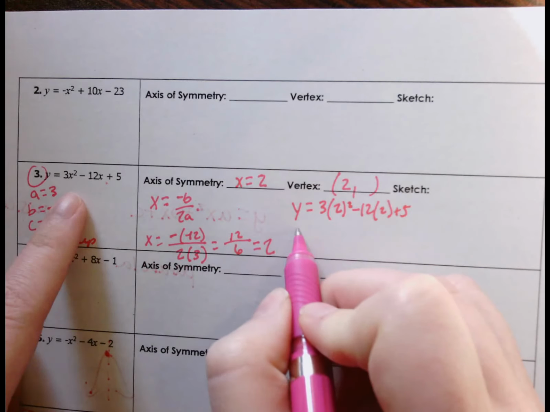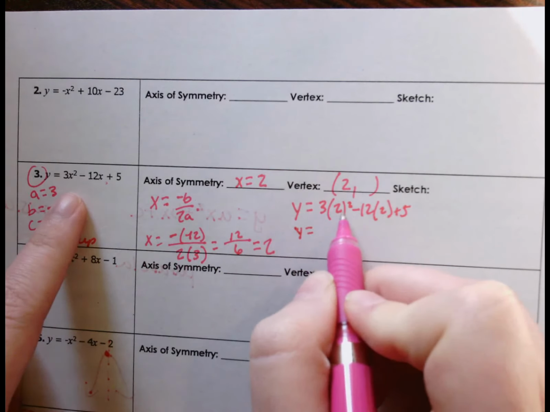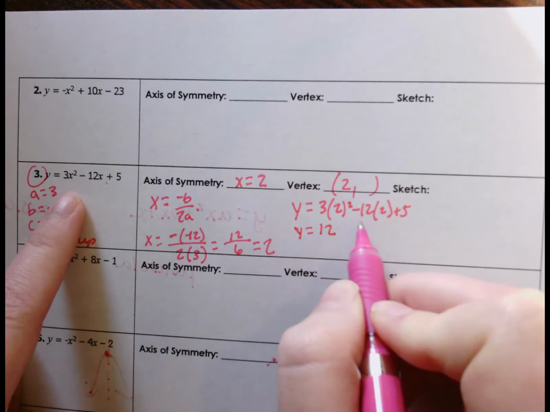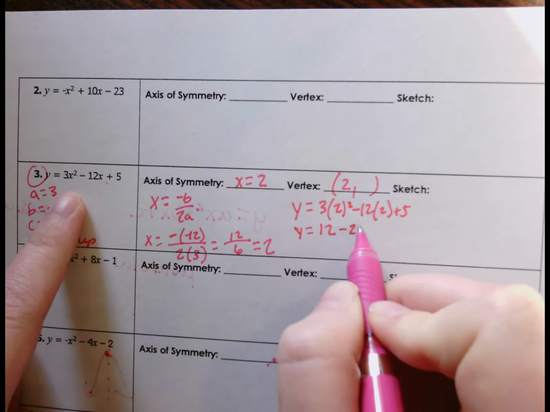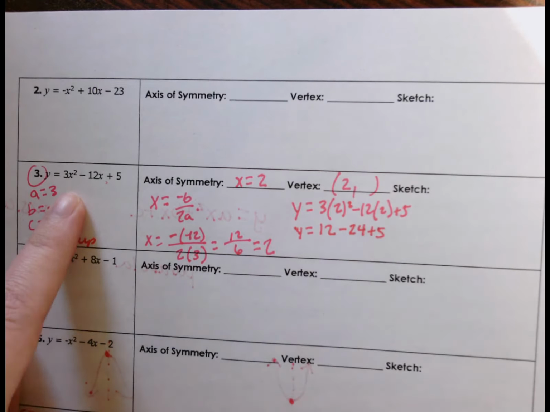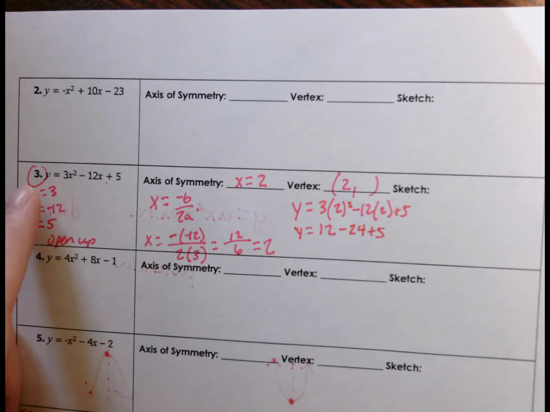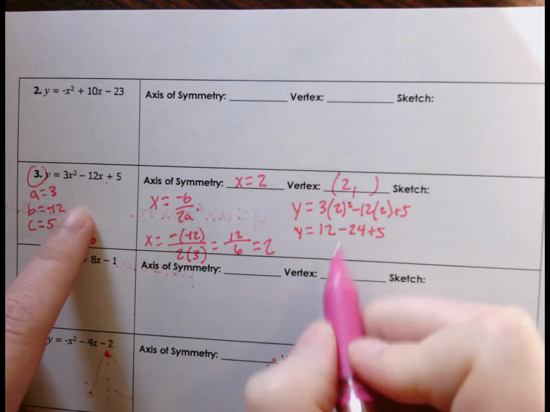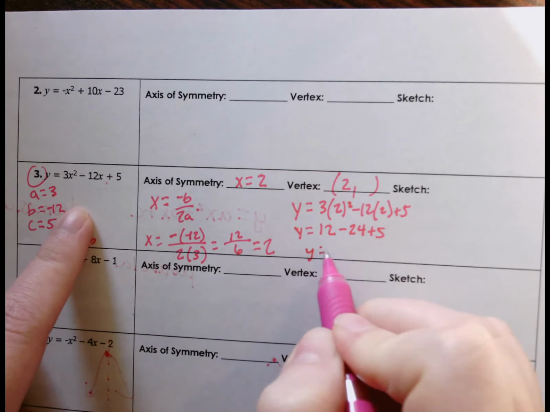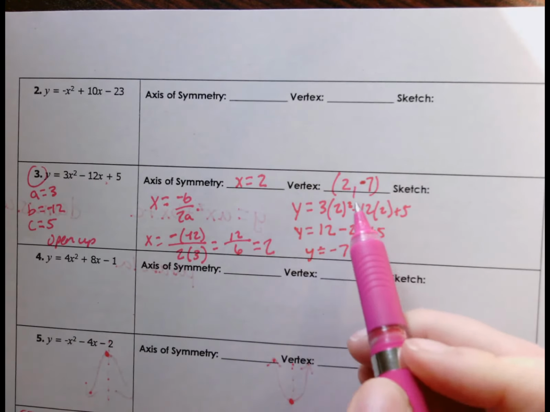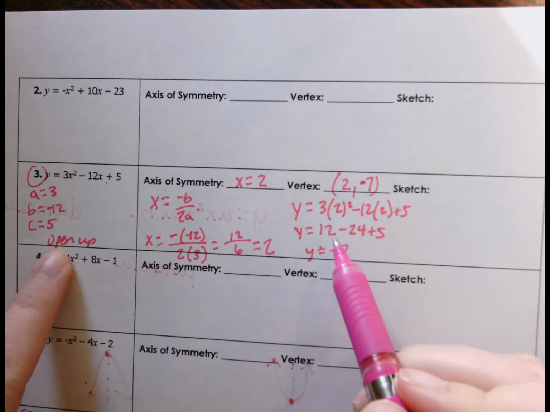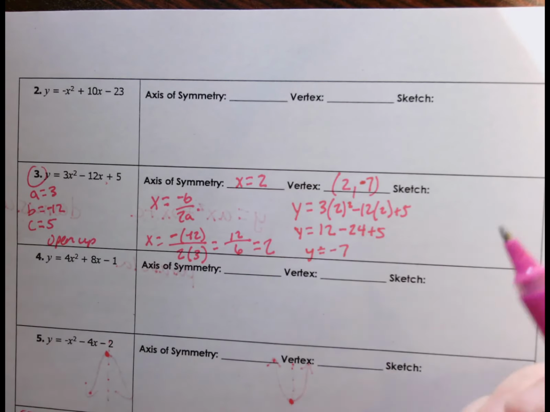Okay, so y is equal to 2 squared is 4 times 3 is 12. 12 times 2 is negative 24 plus 5. And if I simplify all of that, I'm going to end up with a negative 7. So y is equal to negative 7. That means that my vertex, my point here, and since it opens up, it's going to be my lowest point, is at 2, negative 7.